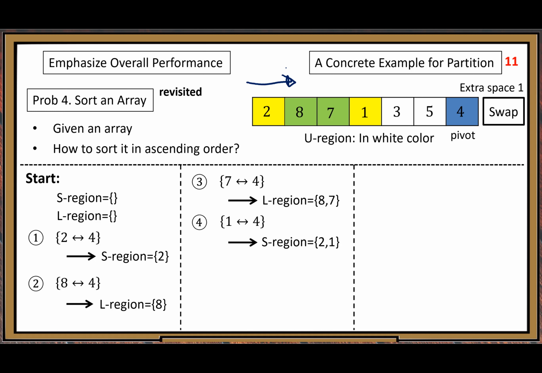We want to move all the elements in yellow color to consecutive locations, and similarly for elements in green color. So we need to do that step before we process the next element. We need to fix that separation problem.